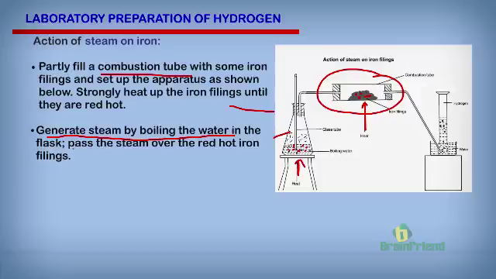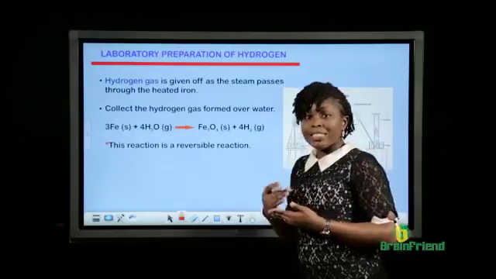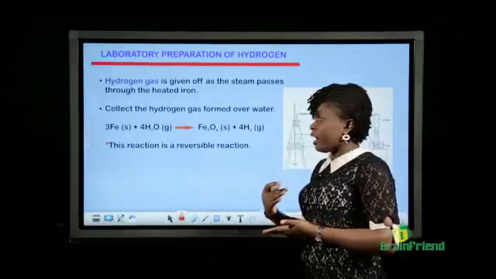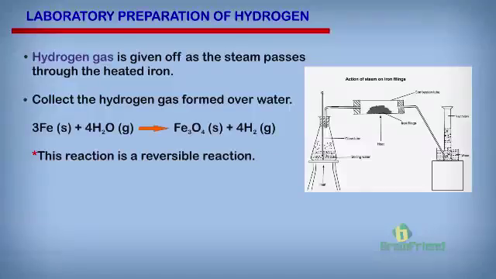Next we pass the steam over the red hot filings. So this steam is passed over the red hot filings through this tube. What happens when steam passes over the red hot filings is that hydrogen gas is given off. As the hydrogen gas is given off, the hydrogen gas formed is collected over water.